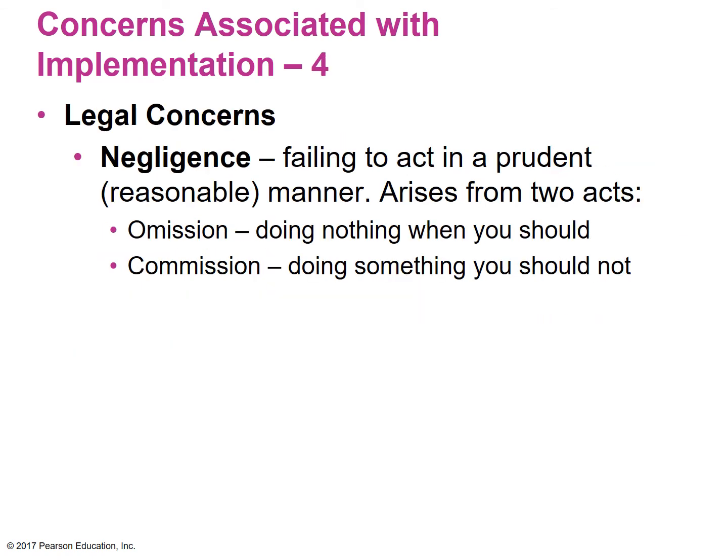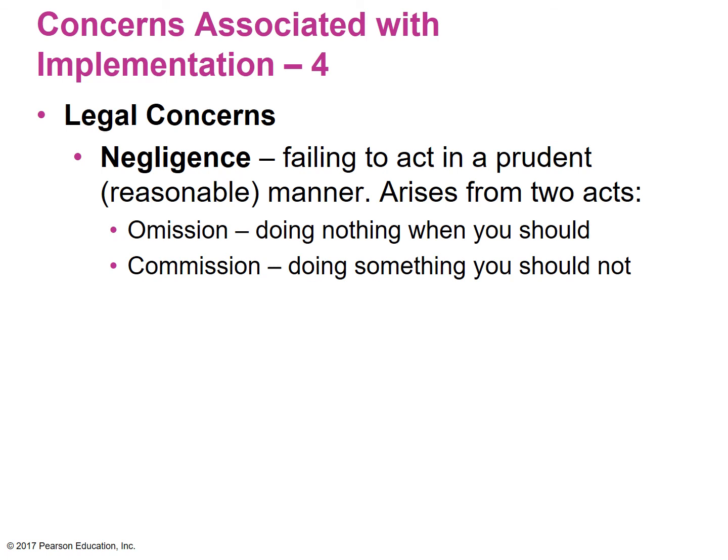And legal concerns, there's always that element. Negligence, right, failing to act in a prudent, reasonable manner. That's where probably some of the legal concerns would come in, showing that you were negligent and something happened to a participant. Two types of negligence: negligence by omission, doing nothing when you should, and commission, doing something you should not.